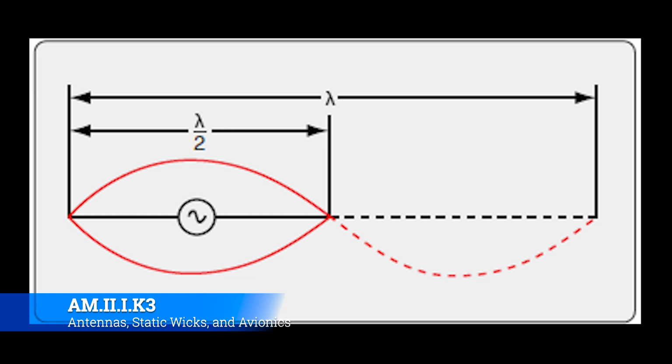Now, where this gets complicated is that wavelength will change depending on the frequency that you're using. So imagine a multi-mode receiver that can be dialed up or down into different frequencies, which is pretty much all aircraft radios. I can't think of a single-frequency radio out there other than maybe your ELT or something.